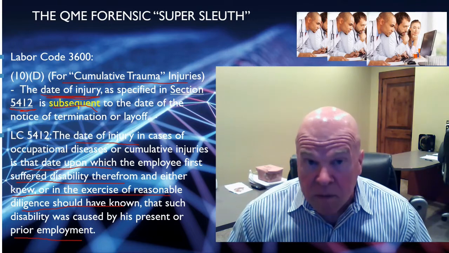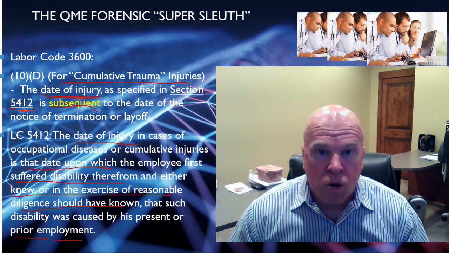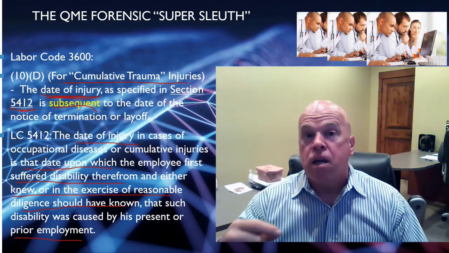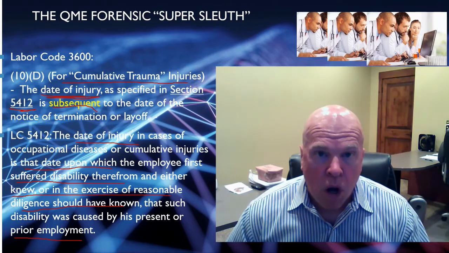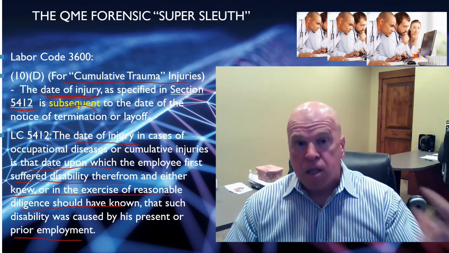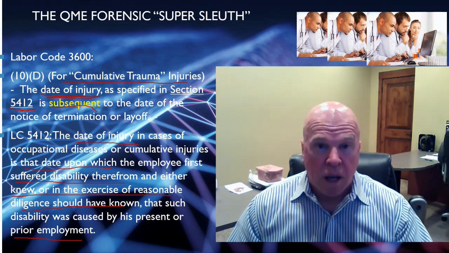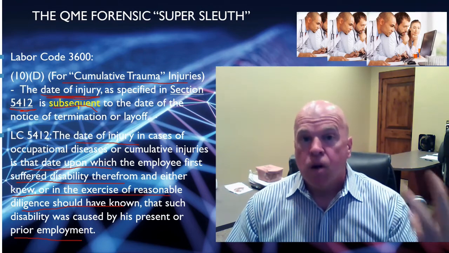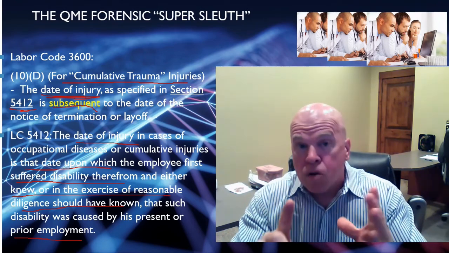This is subjective, correct? The first 3 exceptions to Labor Code 3600, Section A, 10A, 10B, and 10C, all involved objective criteria: the employer had notice of the injury, the employee's medical records contained evidence of the injury, or the date of injury for specific injury claims was within a very narrow specific window.